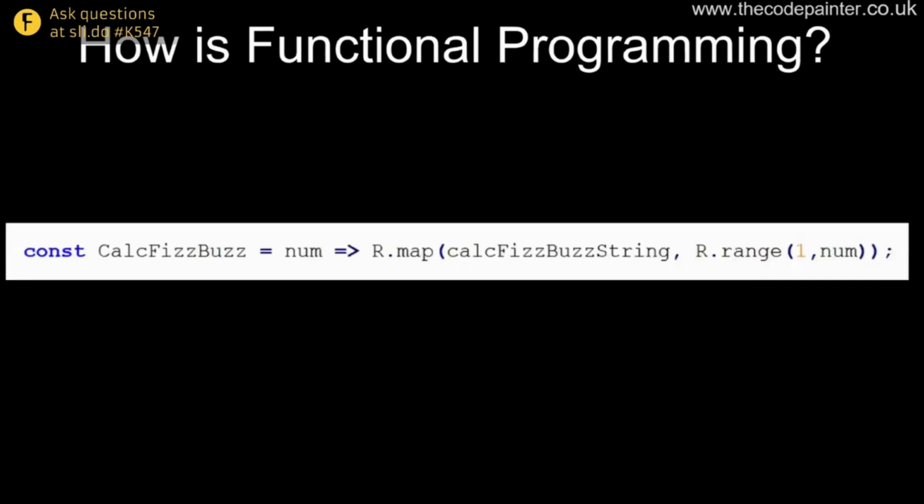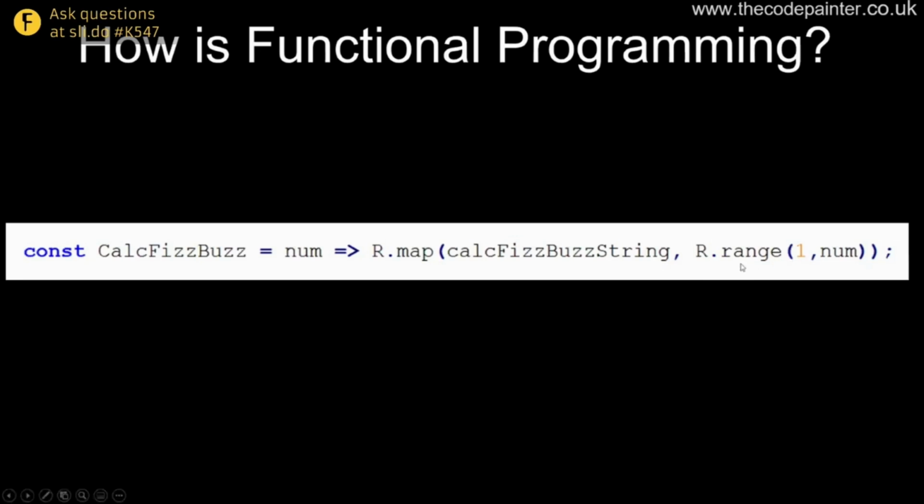So how would we do this using our functional Ramda code? Well, first off, we'll need a map, of course. And we'll get on to exactly what the implementation of this is, the thing that says, given a number, here's the output that I'm going to give you, either a number or a string. I'll get into that in a second. But first, we're generating a range.